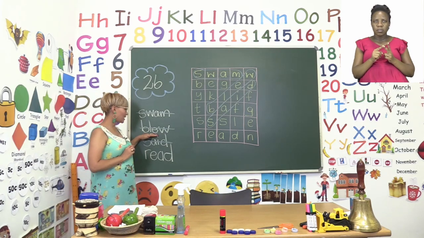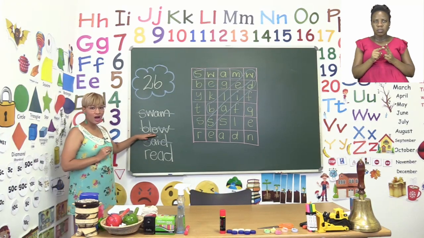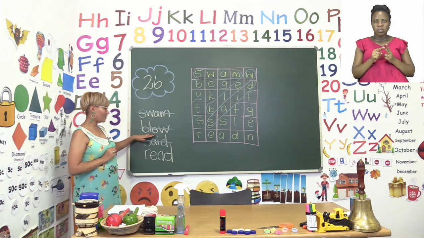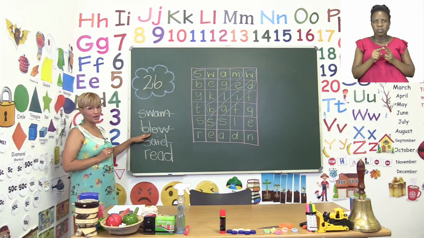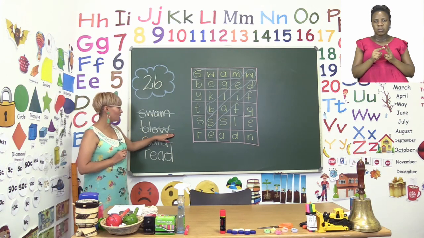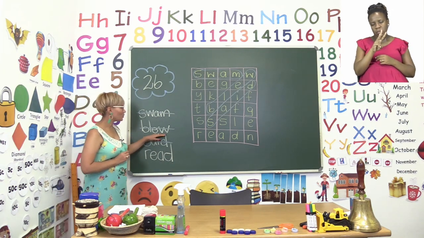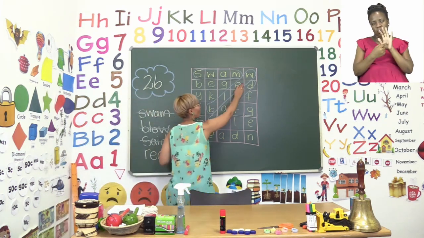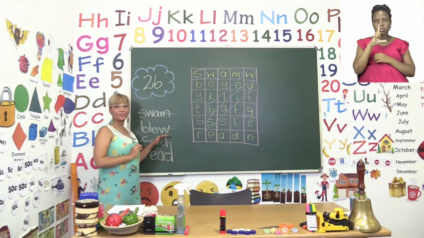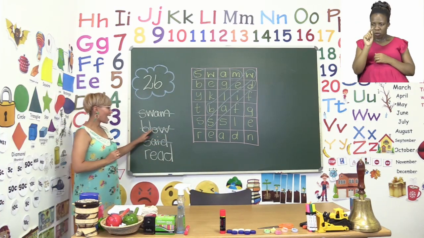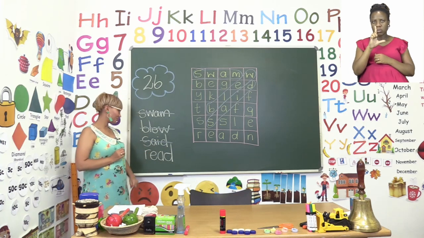Now let's quickly look at the next word. So the word here is also the past tense version of the word blow. And this word is blue. The past tense of blow is blue. And here you will see we already found the word blue as well, and we crossed it out.